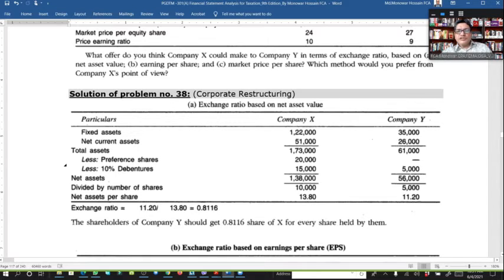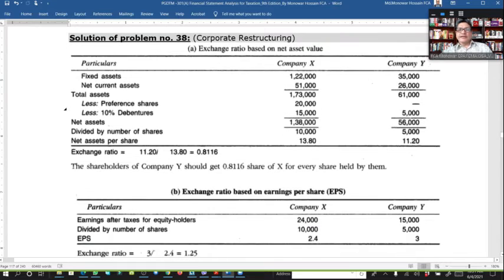So based on this net asset per share, we calculate the exchange ratio. Look here, company X 13 taka 80 paisa and company Y 11 taka 20 paisa. If we divide 11.20 by 13.80, the exchange ratio would be 0.8116.